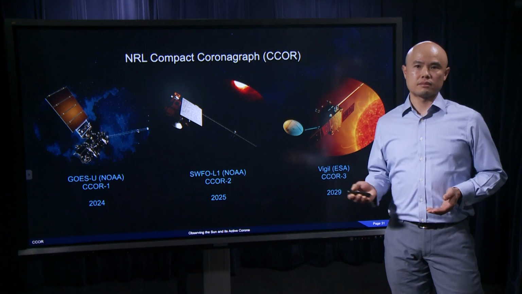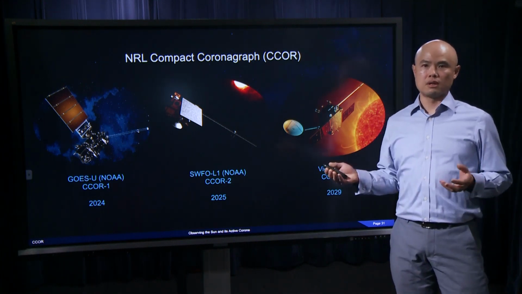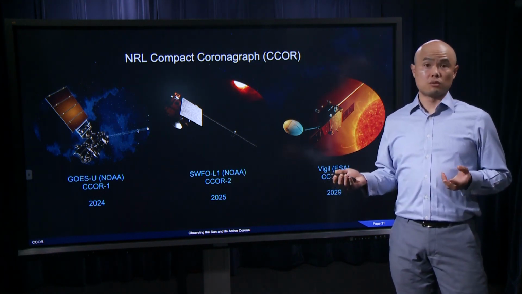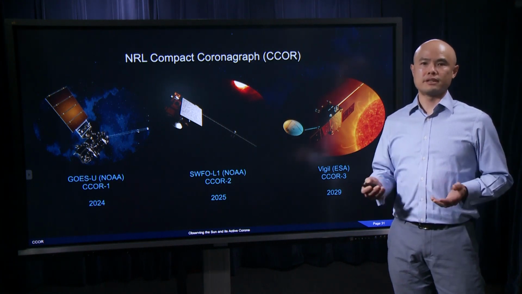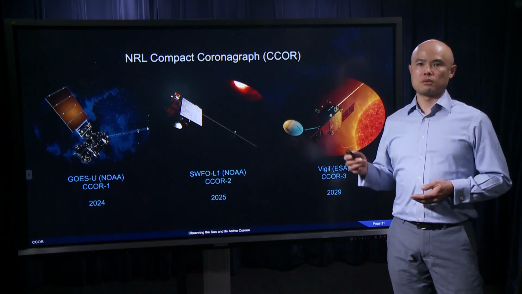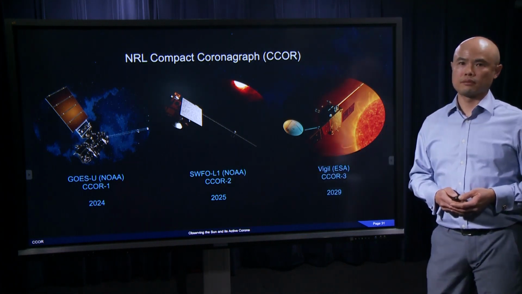The L1 point lies along the Sun-Earth line, where the gravitational pull on an object is balanced between the Earth and the Sun, meaning one can park a satellite there in a stable orbit, making it a very ideal point to make solar observations. SWFO-L1 and CCOR 2 are expected to launch in early 2025.